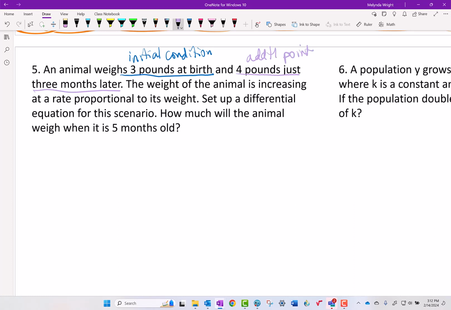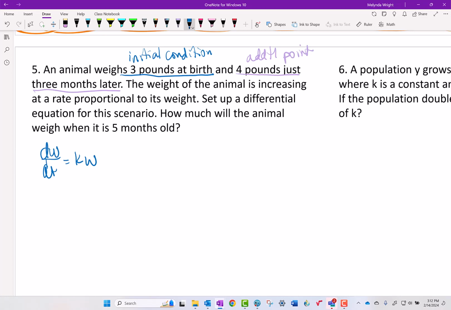The weight of the animal is increasing at a rate proportional to its weight. Doesn't that sound crazy? Weight proportional to weight? Well, that just tells us this is exponential growth. So the rate dW dt equals kW.